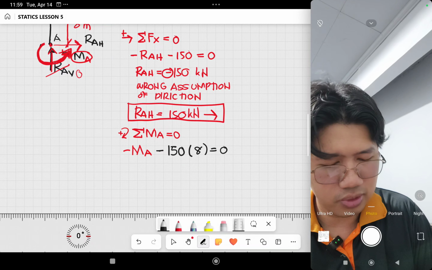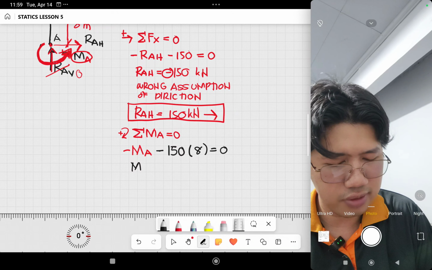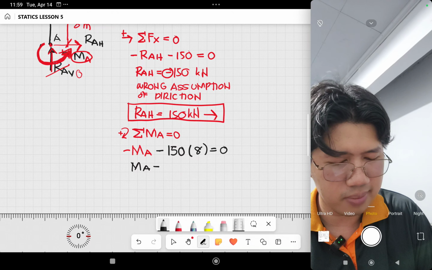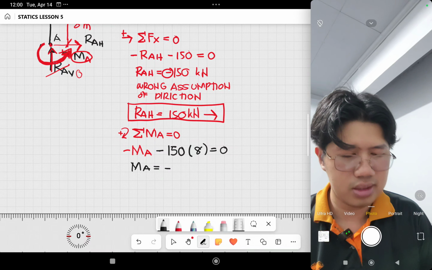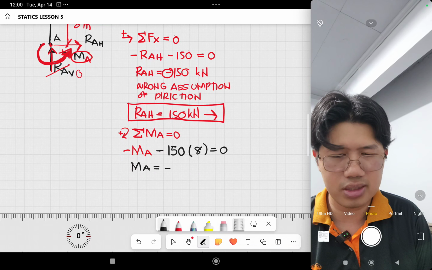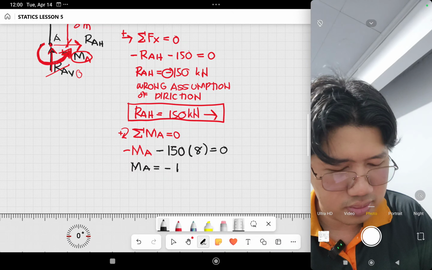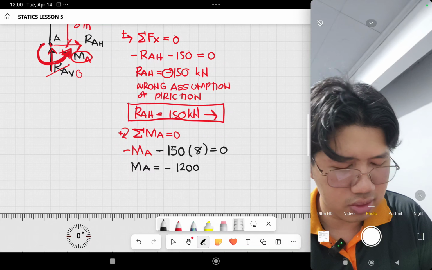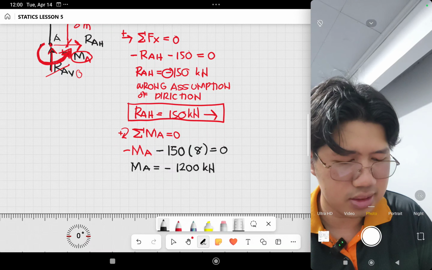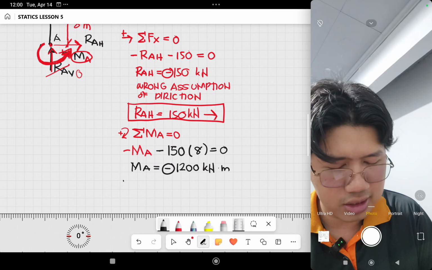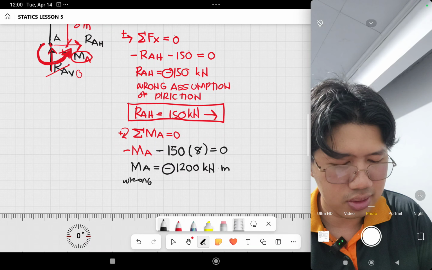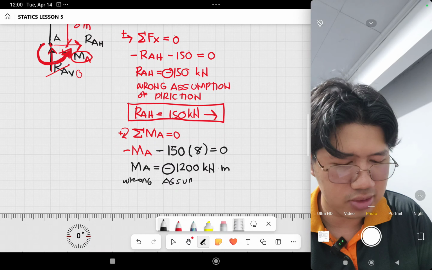So if we transpose negative MA, that becomes positive MA, maiwan si negative 150 times 8. That is 1,200. So ang unit nito is kilonewton-meters. Negative indicates wrong assumption ulit. Wrong assumption of direction.